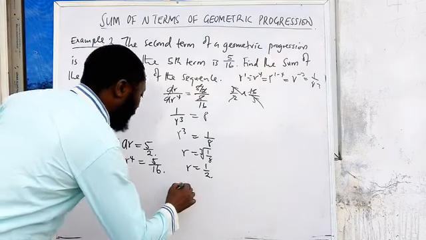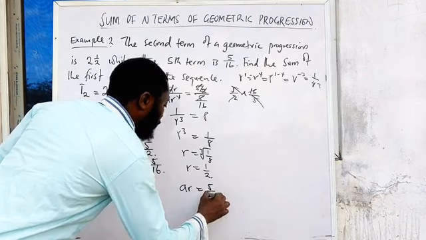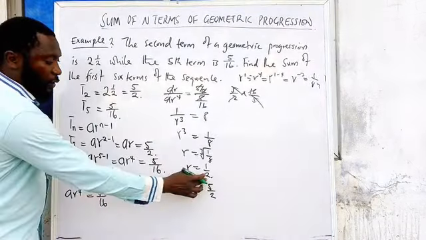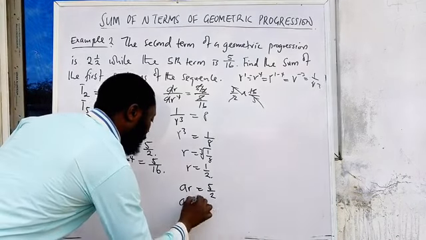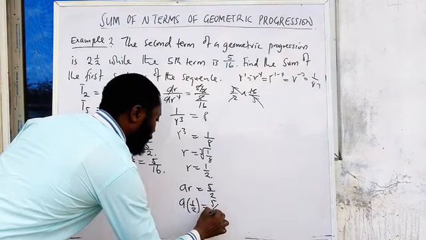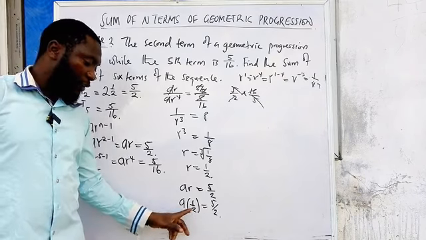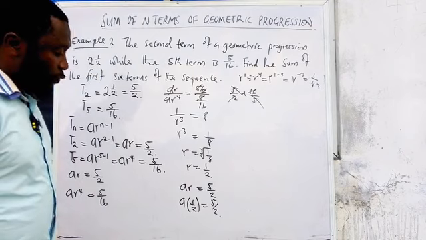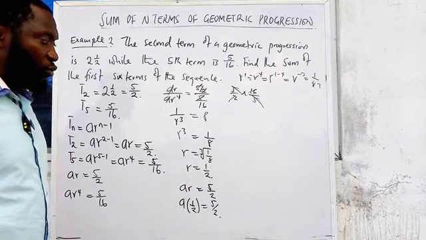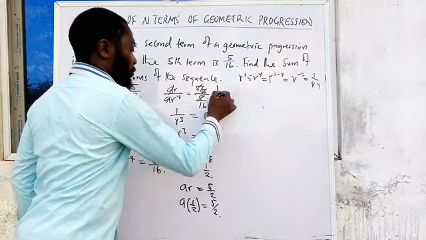Our first equation: ar equals 5 over 2. Now we introduce r here. So this will be a times 1 over 2 equals 5 over 2. Our r is half. Now multiply both sides of the equation by 2.